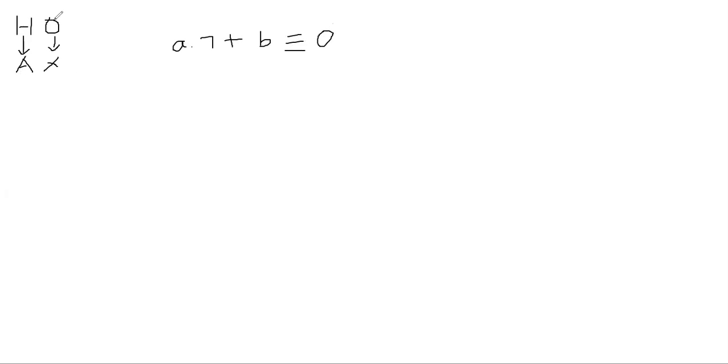What is the second equation? We take O as 14. So you have a times 14 plus b is X, which is 23. We just subtract the first equation from the second. What we are left with is 7 times a is congruent to 23 in mod 26. We are doing all of this in mod 26, by the way.